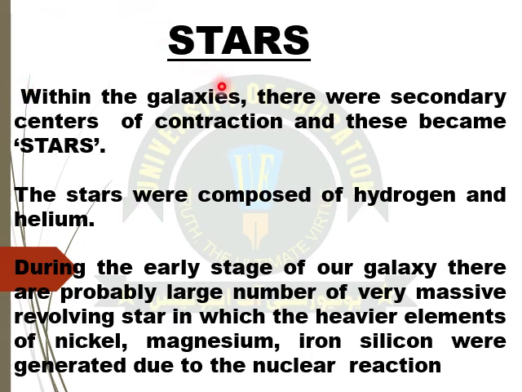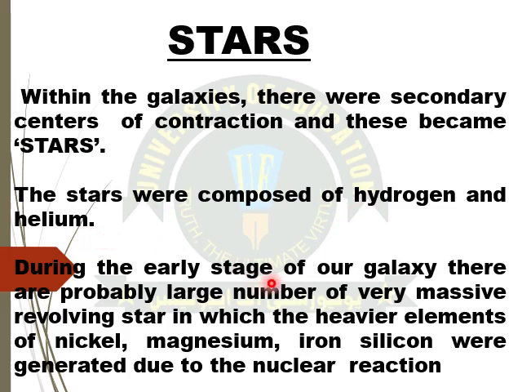Dear students, now we will talk about the stars. Within the galaxies, there are secondary centers of contraction and these centers became the stars. Stars were composed of two different gases called hydrogen and helium.